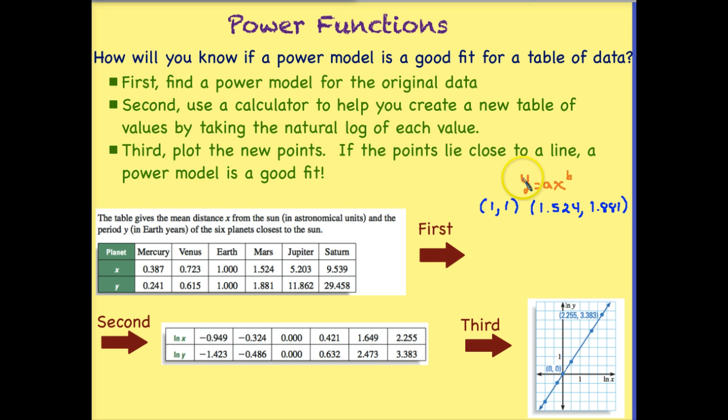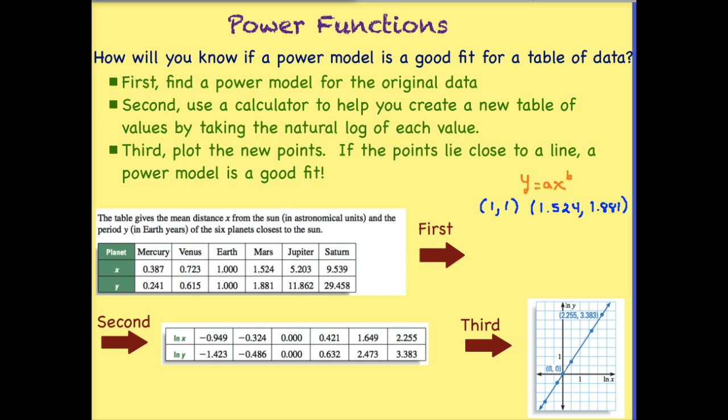Here's my power model: y equals a times x raised to the b power. A, remember, is a constant, and so is b. We have to find those. So I'm going to create 2 equations and then use systems of equations to solve and find my power model. My first equation I'll use with the (1, 1).